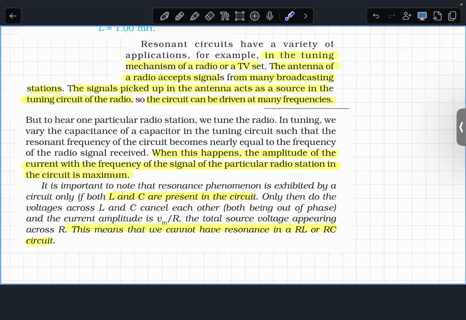So the only option I have is to change the capacitor. While turning a knob, you are actually changing the capacitance of the arrangement. So by turning the knob, I am changing the capacitance and hence the resonance frequency of the circuit.